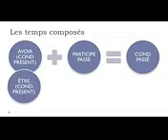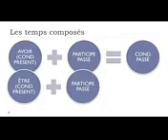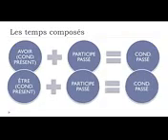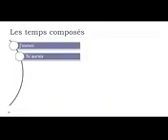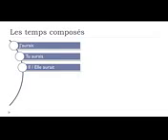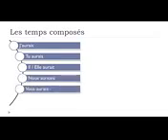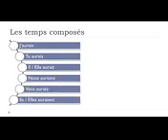Or, for the same cases as we had previously for passé composé, futur antérieur, or plus que parfait, être, but in that case it should be at the conditionnel présent form, then the participe passé, and you will get your conditionnel passé form. So let's see now how avoir and être are at the conditionnel présent, just to refresh your memory, and it goes like that. J'aurais, tu aurais, il aurait, elle aurait, nous aurions, vous auriez, ils auraient, elles auraient.